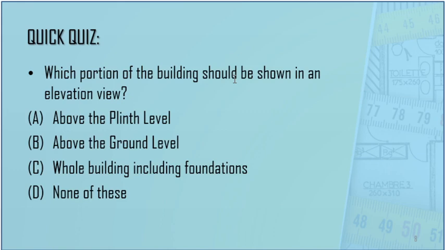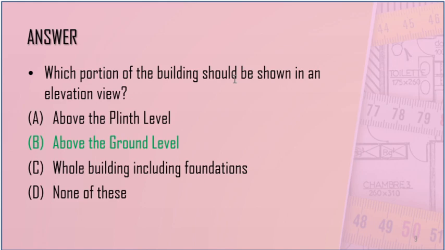By this time I think you have got your answer. The correct answer is above the ground level. Above the ground level you should draw the total view. You cannot draw only above the plinth level, nor can you draw including the foundation. You will have to take the view above the existing ground level, because from the definition we know the elevation view is how a viewer outside the building sees the building.